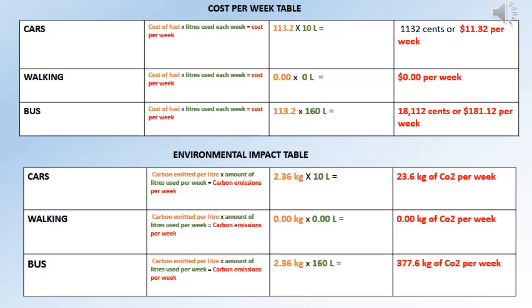Therefore, multiplying 0.00 kilograms by 0.00 litres gives us the answer of 0.00 kilograms of CO2 per week. Finally, to get our results for the bus, we need to multiply 2.36 kilograms of carbon emitted per litre by 160 litres used per week. The answer comes to 377.6 kilograms of CO2 per week for the bus.